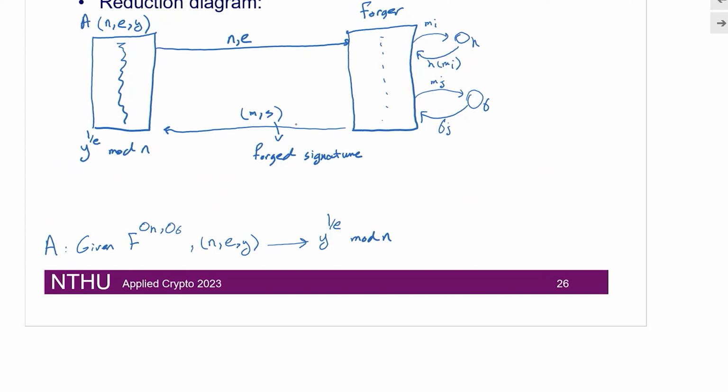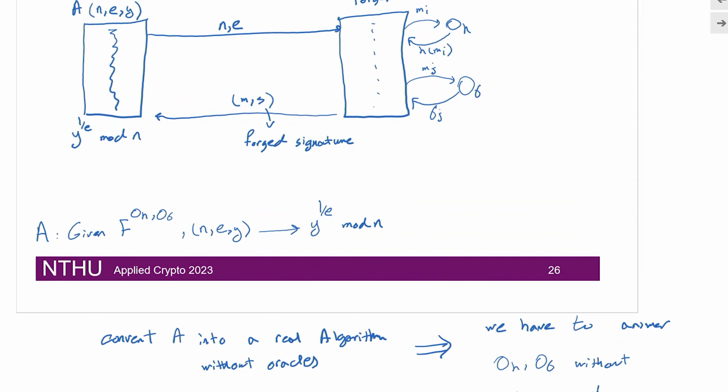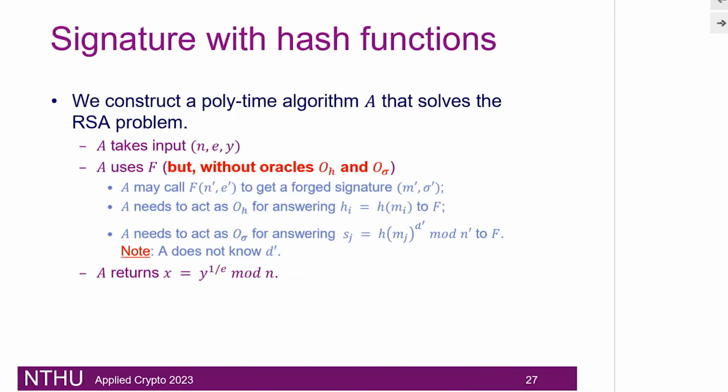So it is becoming a bit challenging now, right? We know that we want to instantiate this A in practice, but going back to the previous slide, the hash function we know how to do, but for the signature, when somebody passes you a message to sign, we need to know the secret key D so that we compute the hash of M to the D mod N, right?